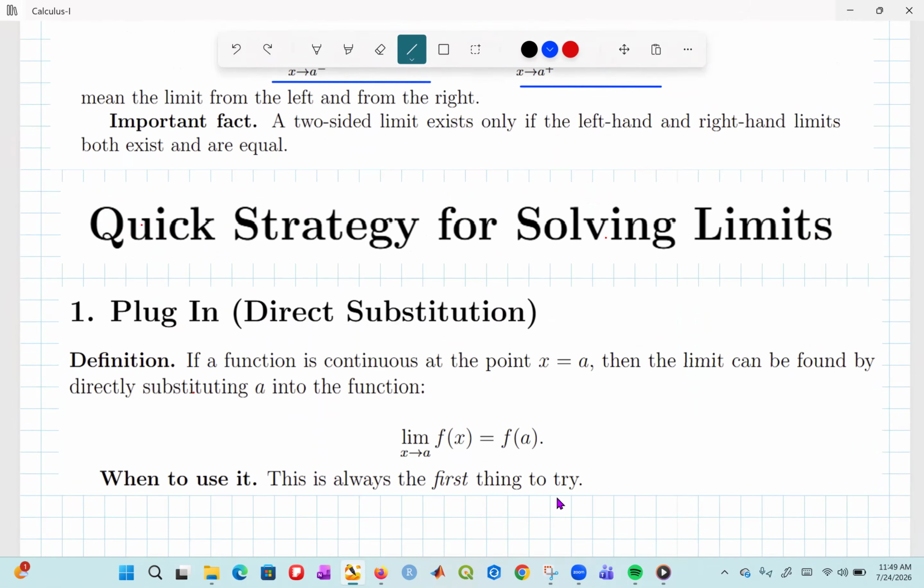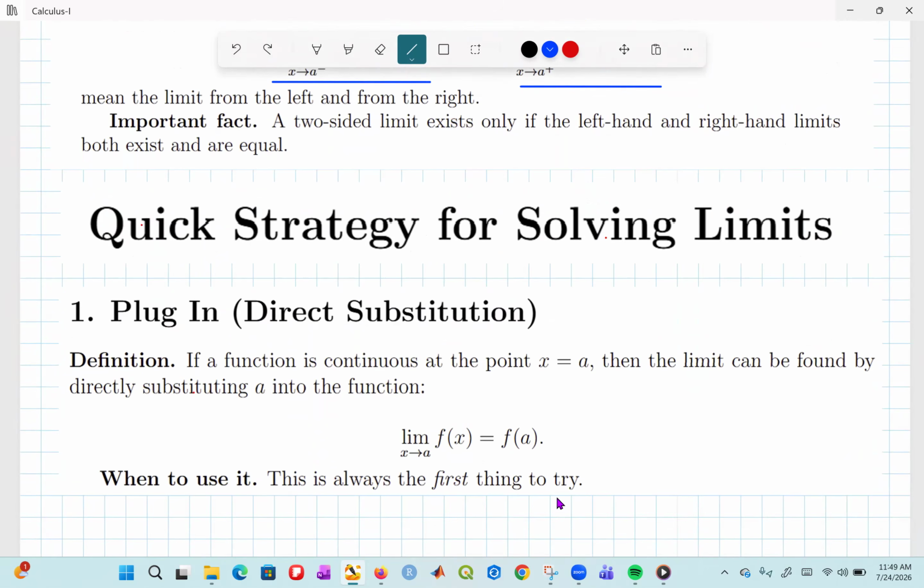So first, let's see direct substitution. When do we use this method? Direct substitution should be the first technique used when evaluating a limit.